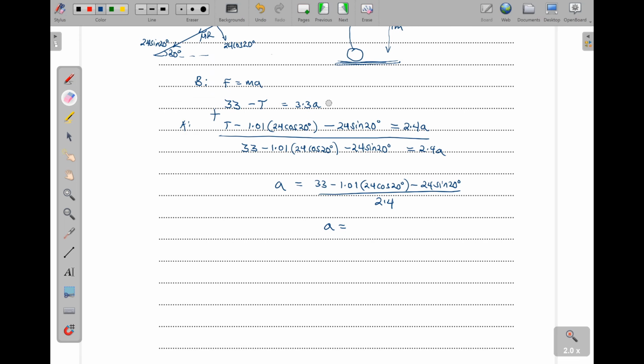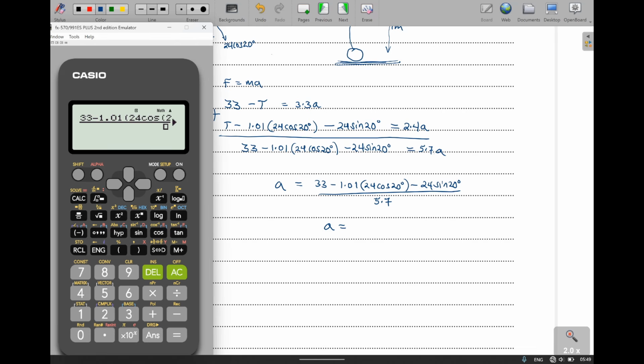We are adding, so 3.3 plus 2.4 is 5.7. So pardon me, this is 5.7. That is what I'm going to divide with. So 5.7. Then we get all of those figures there.